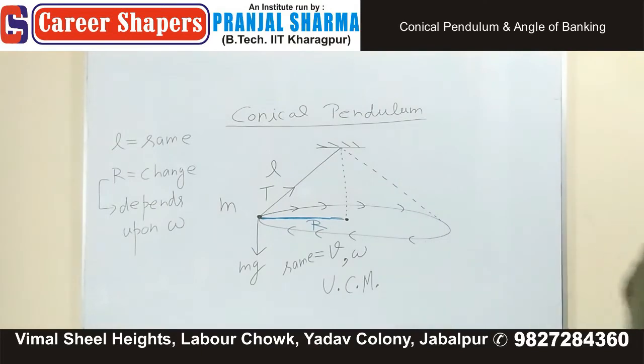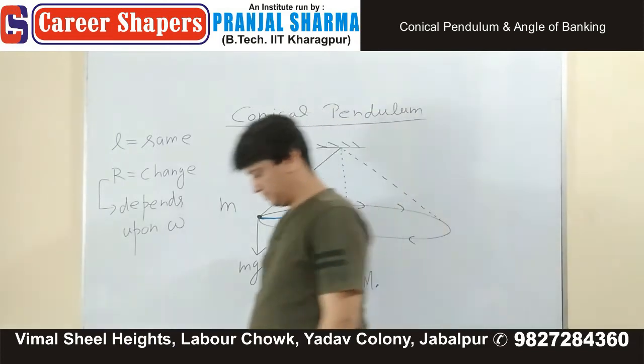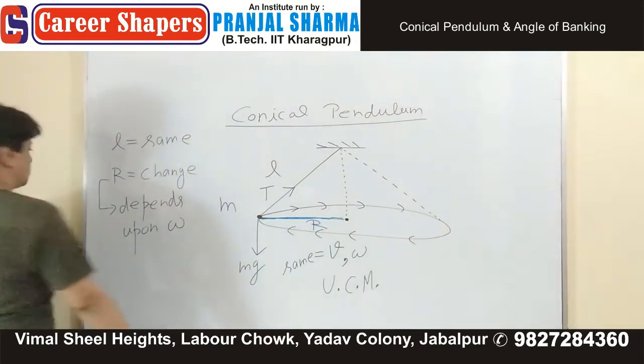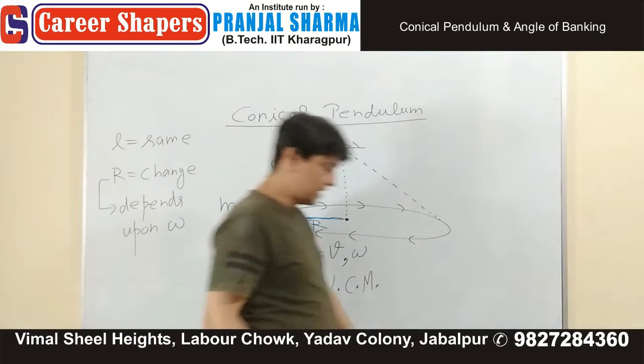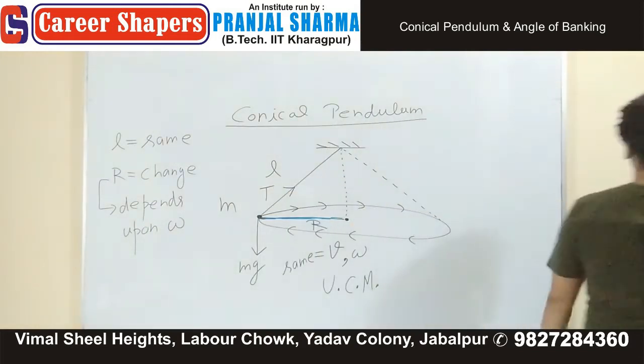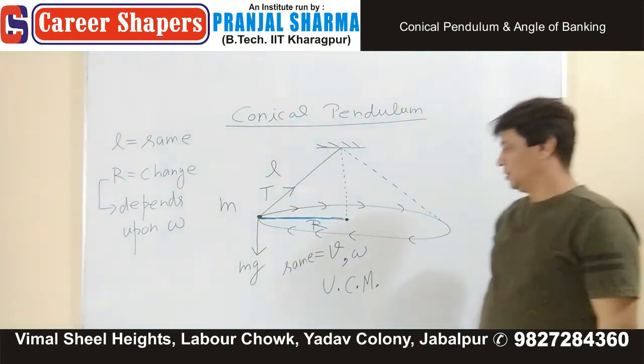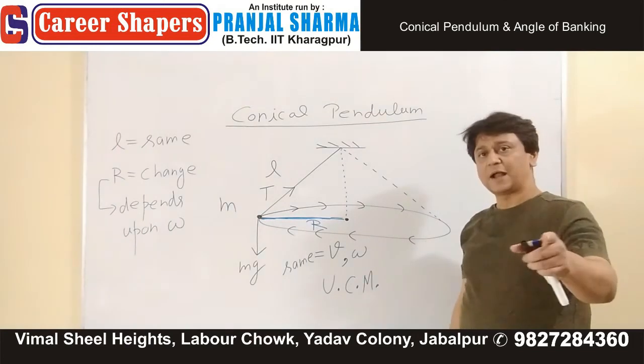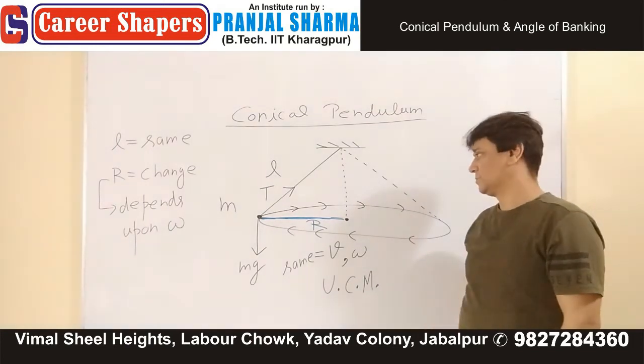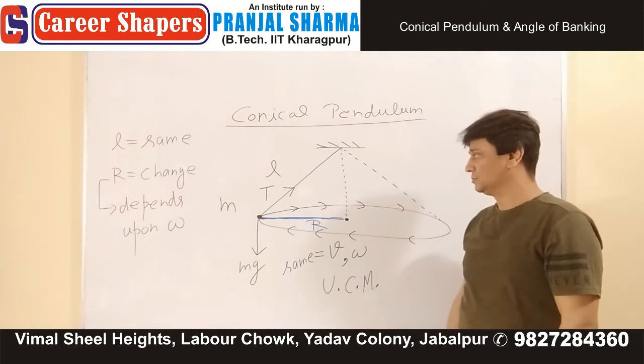In the given figure, the object is moving with constant speed V. Inside the bracket, UCM, uniform circular motion.